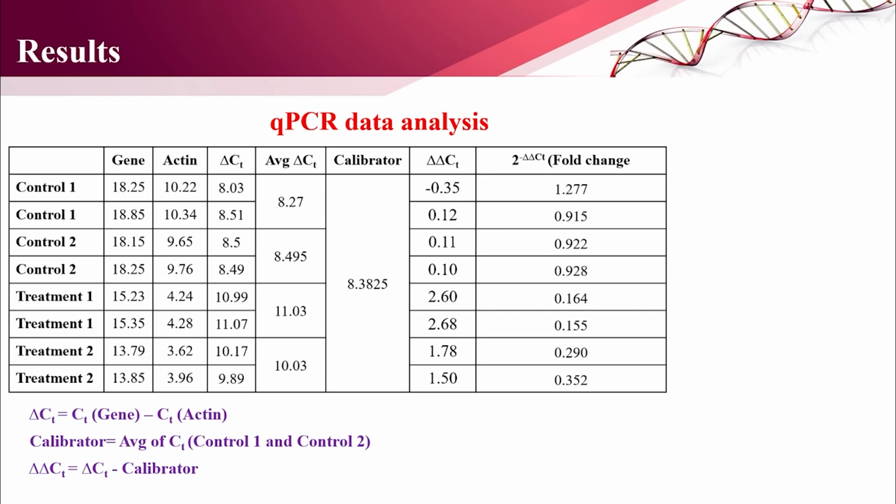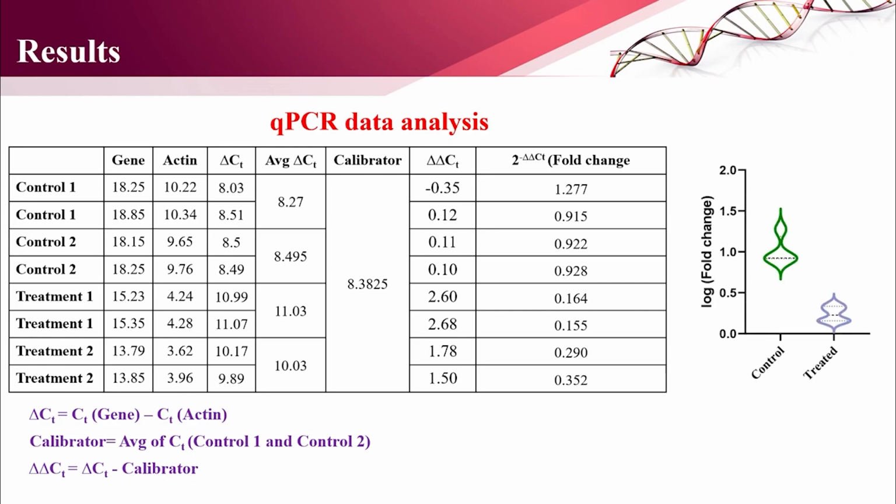Then we find the delta delta CT value, and from that we finally find the fold change, or 2 to the power minus delta delta CT. This is also called fold change, which we use in making graphs. So the formula for fold change is 2 to the power minus delta delta CT, which is part of the Livak method.